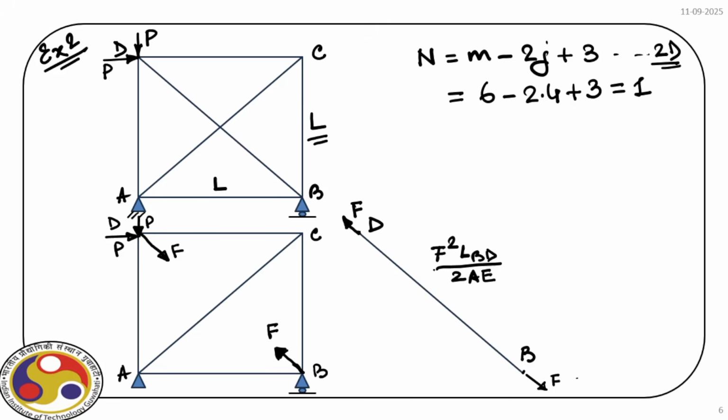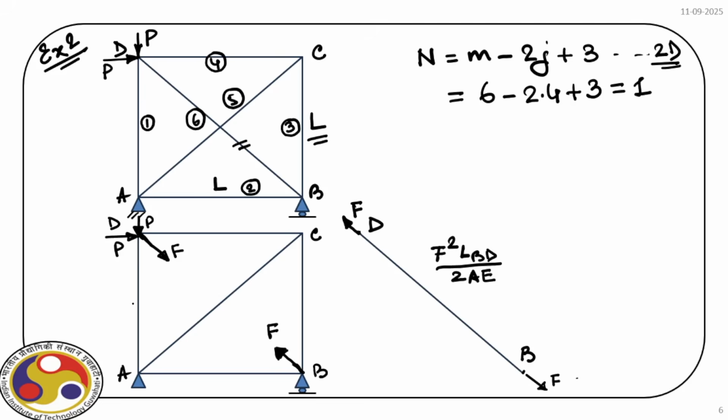Now, this is the strain energy stored in these members. Let us just mark the members. So we have 1, 2, 3, 4, 5, and 6. We have removed that 6th member, and the moment we remove it, it becomes determinate, and we replace that with a member force F, which we will solve.